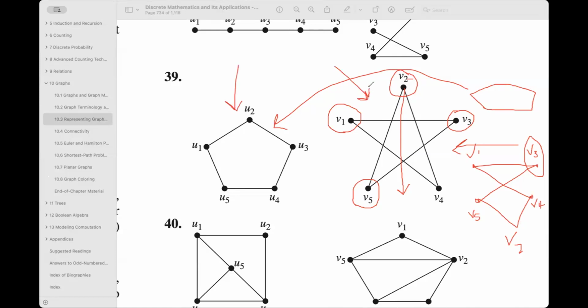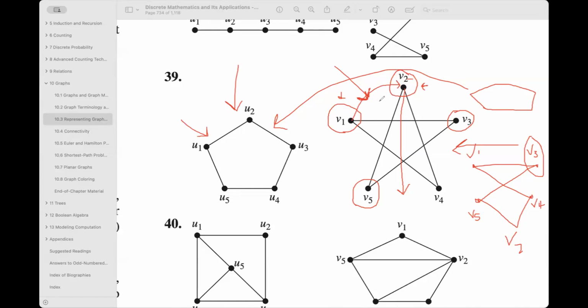But in order to do so, what you might have to do is rearrange this graph a bit so it looks more like that one. Because the way it is now, even though it looks like the vertices of the star are in order, they don't follow the same order as this pentagon. Because V1 can't lead you to V2 because there's no edge connecting them. Does that make sense?